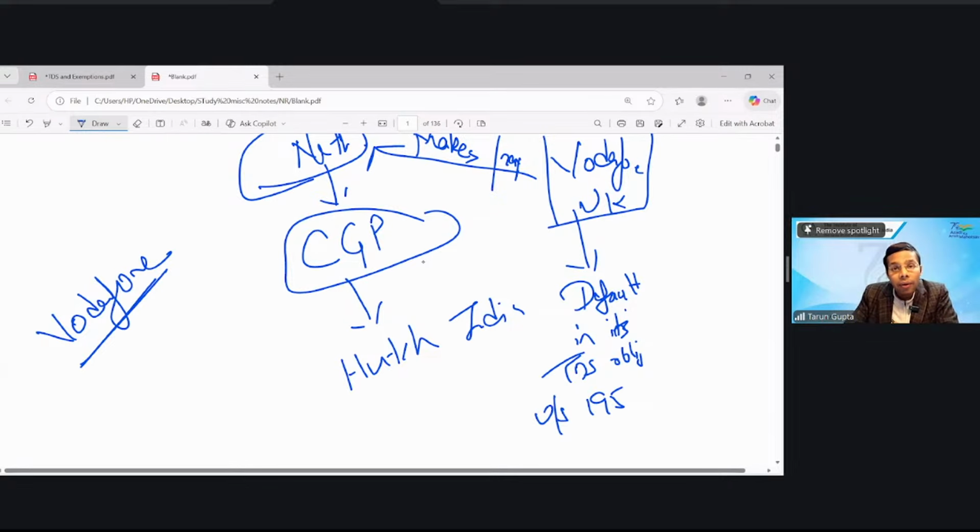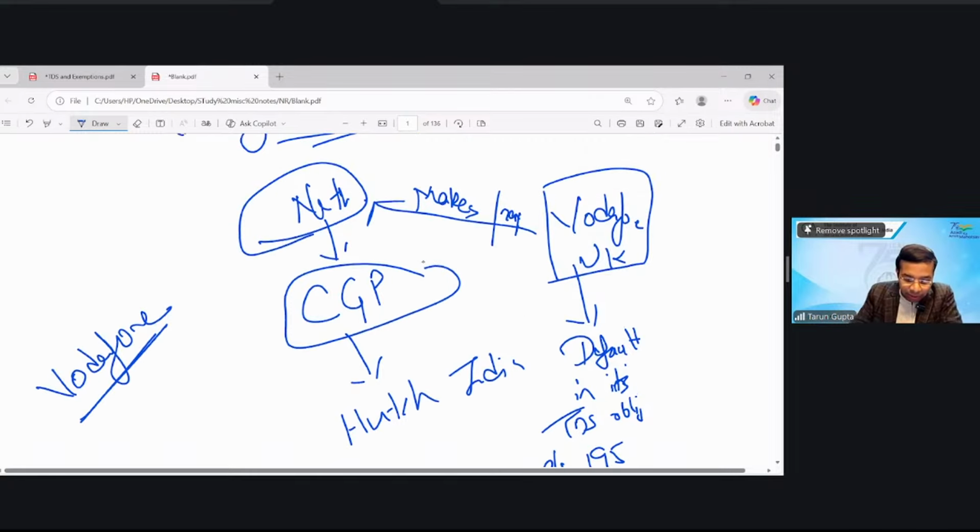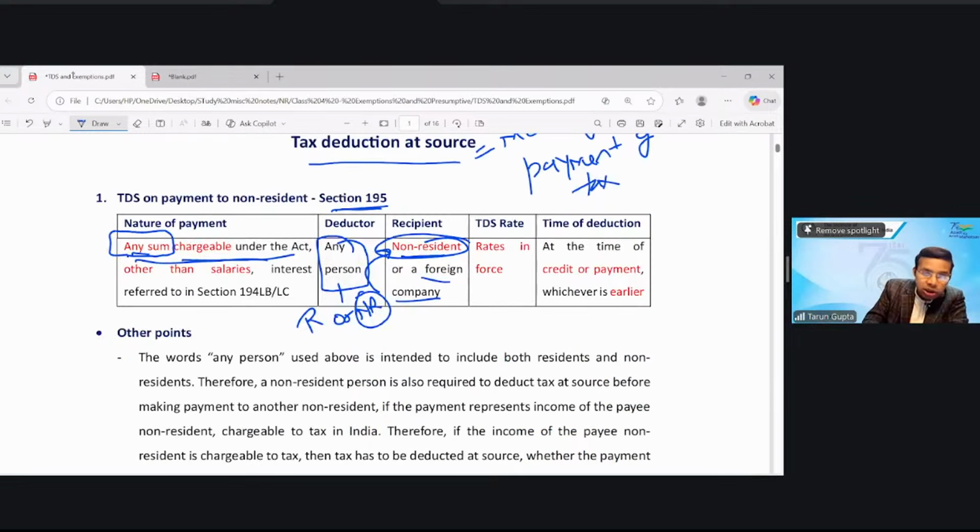So the revenue authority was saying that the amount which the Netherlands company had received from Vodafone UK was taxable in the hands of Netherlands in India, and therefore by virtue of section 195, sum chargeable under the Act, Vodafone was required to withhold tax while making payment to Hutch Netherlands. And since Vodafone has not withheld tax, it is an assessee in default.